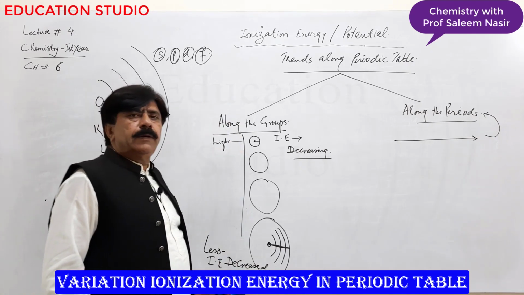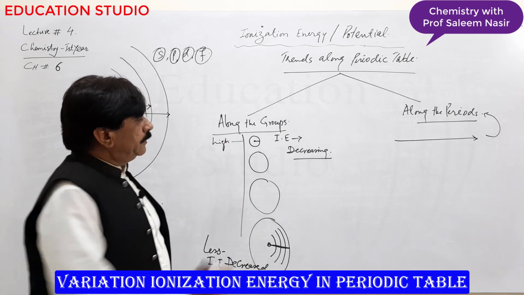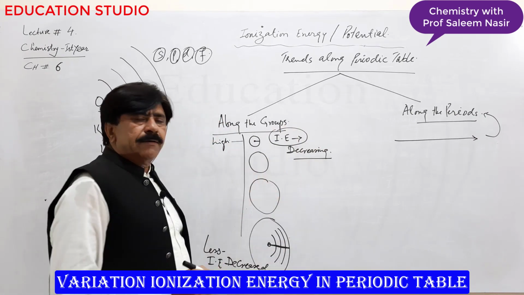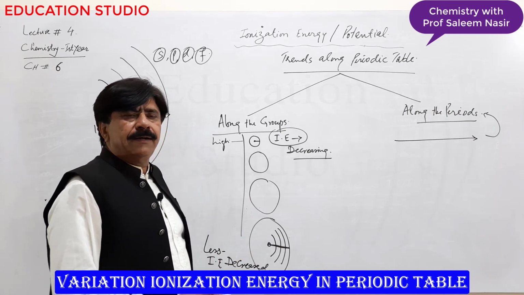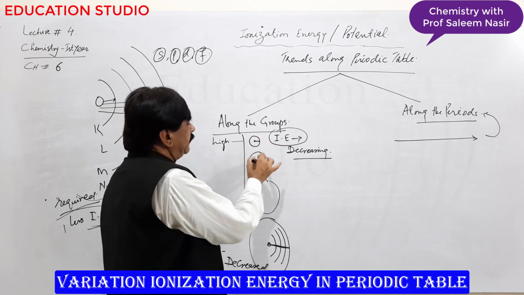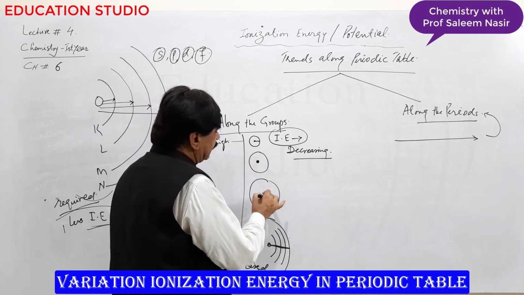Along the group, from top to bottom, the ionization energy goes on decreasing due to the factors which influence it: the atomic radius, the nuclear charge, and the shielding effect.